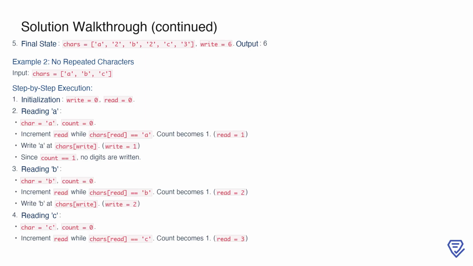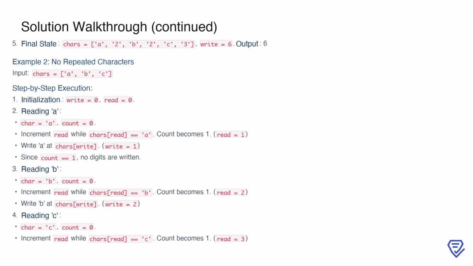Now, let's consider example 2, where the input array contains no repeated characters, A, B, C. Again, we initialize write and read to 0. We start with the character A, counting its occurrences. Since it appears only once, we write it to the array at the current write position and move both pointers forward. For the next character, B, we repeat the process, count its occurrences, write it to the array, and update write.